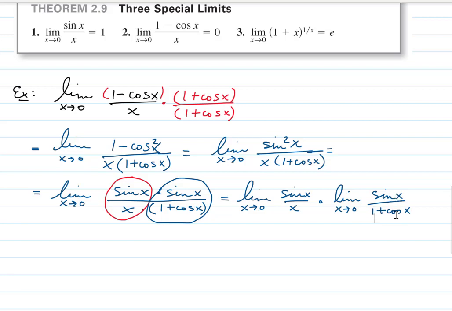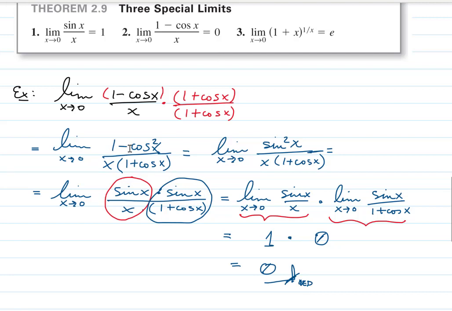Cosine, as long as we don't have 0 on the bottom, we'll be fine. Cosine of 0 is 1. 1 plus 1 is 2. So 0 divided by 2 is 0. So that's a real number. So then therefore, we're going to be able to use the property because those limits exist. This is 1 right there, and this right here is our 0. So then this whole thing is equal to 0. Therefore, proving that this limit is in fact equal to 0.